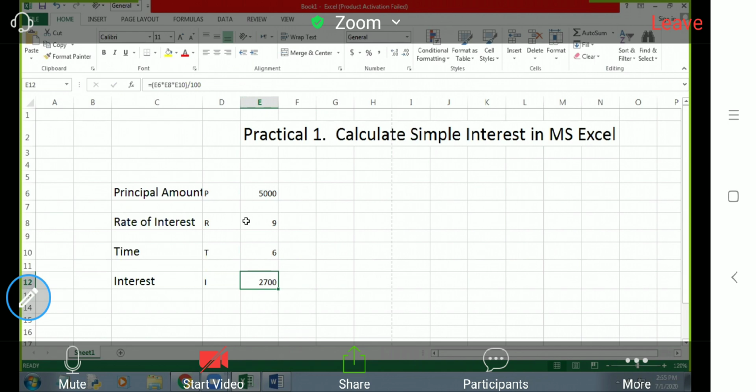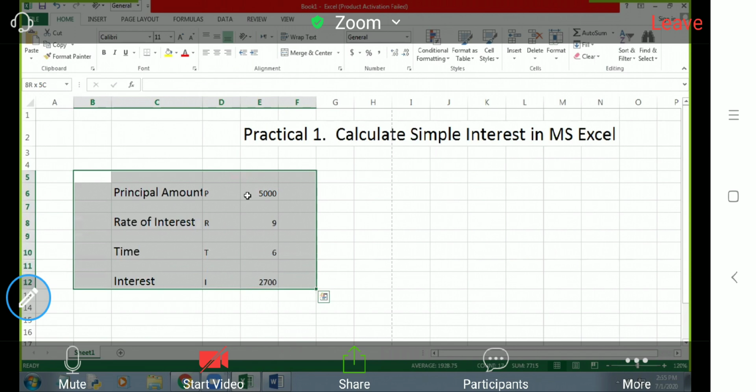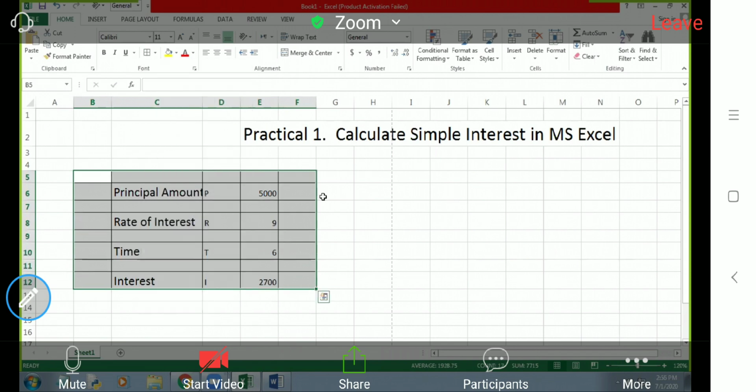You can format this cell like this. You can place all borders here. So in this way you can calculate simple interest using MS Excel.